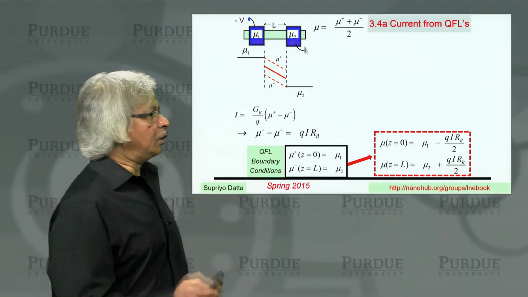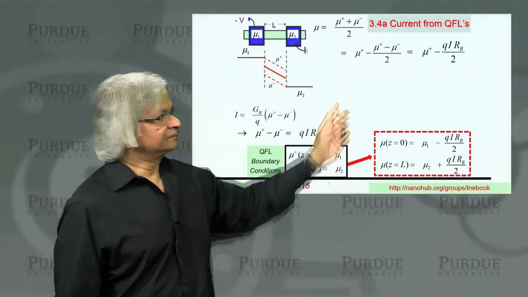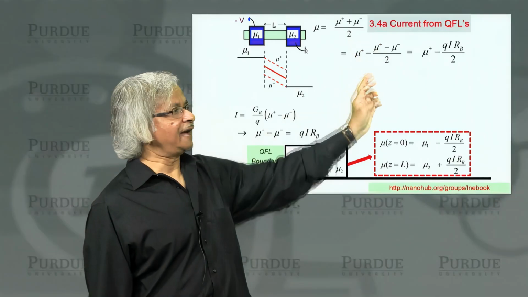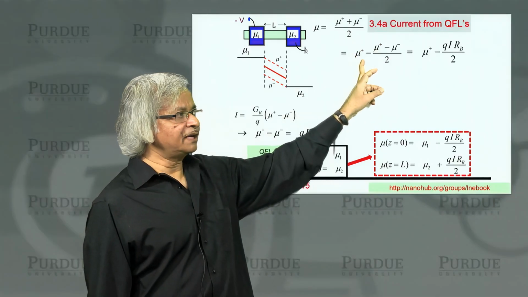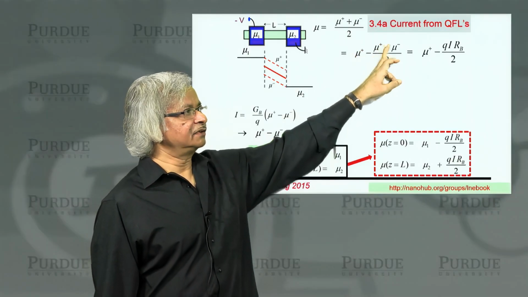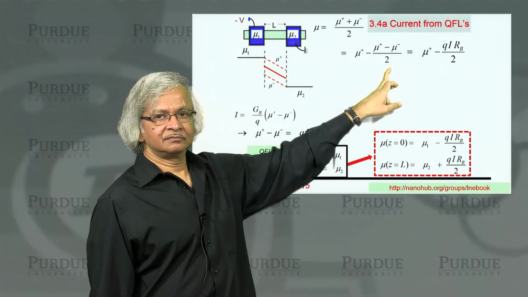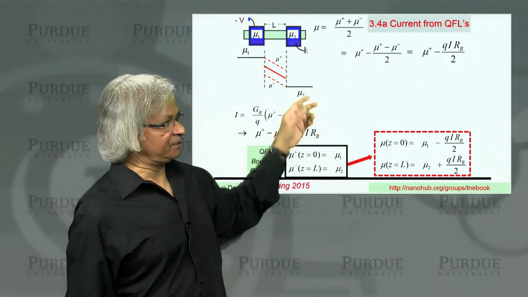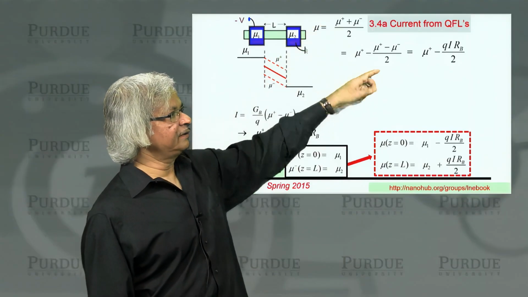Okay. Now, with a little algebra, I can just take this mu plus plus mu minus over 2 and write it as mu plus minus the difference over 2. So this, you can check it out. It's just a little straightforward algebra. This can be written like this.